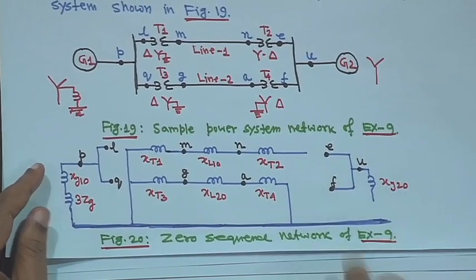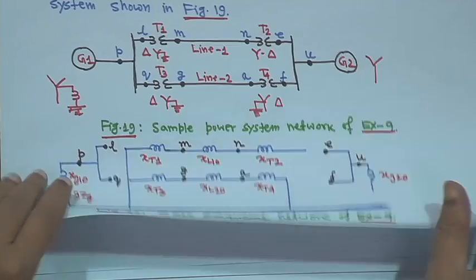So, with this we have completed symmetrical components. Positive sequence, negative sequence and 0 sequence, all sorts of things I have shown you.